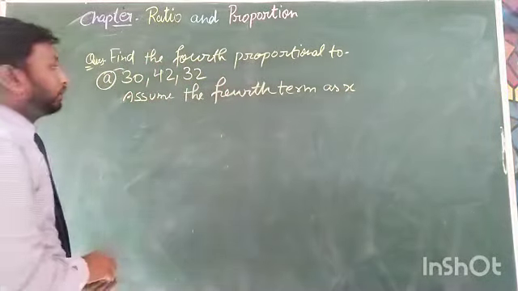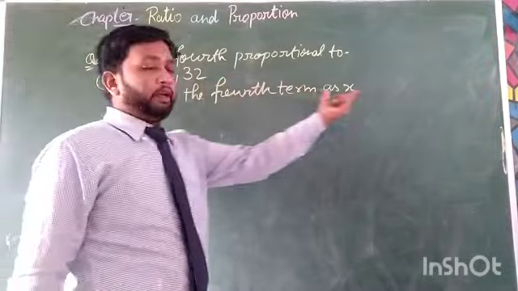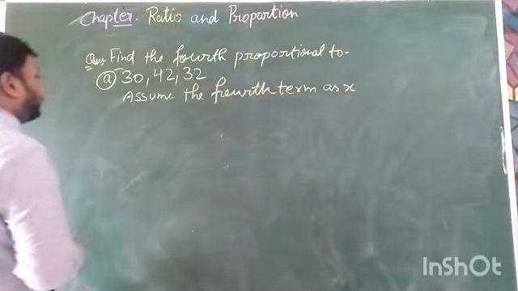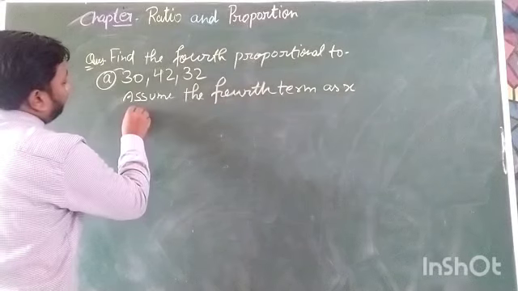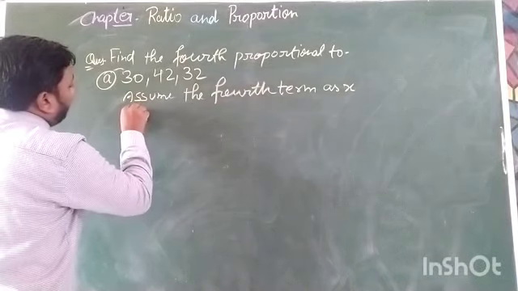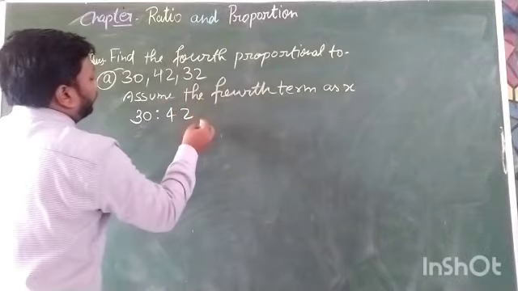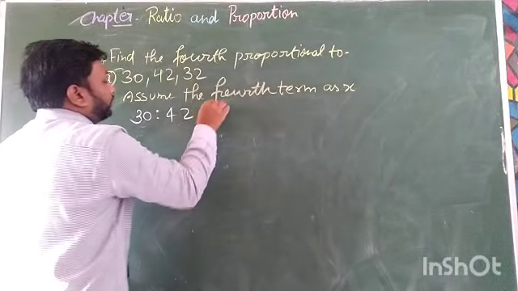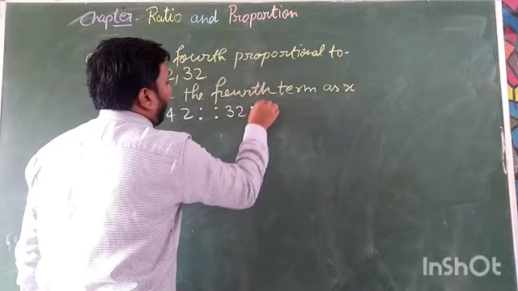So the three terms are 30, 42 and 32 and the fourth term is x, and we write the proportionality expression as 30 ratio 42 proportional to 32 ratio x.